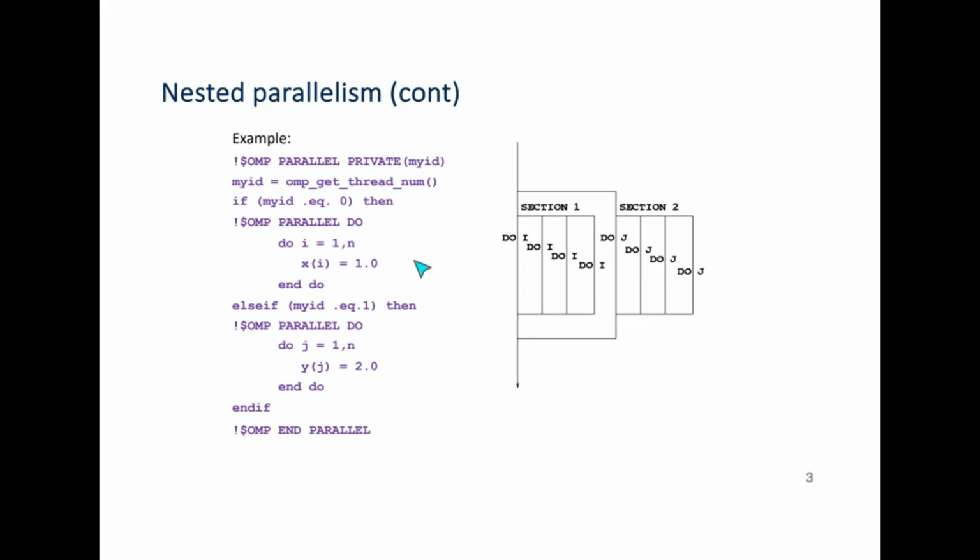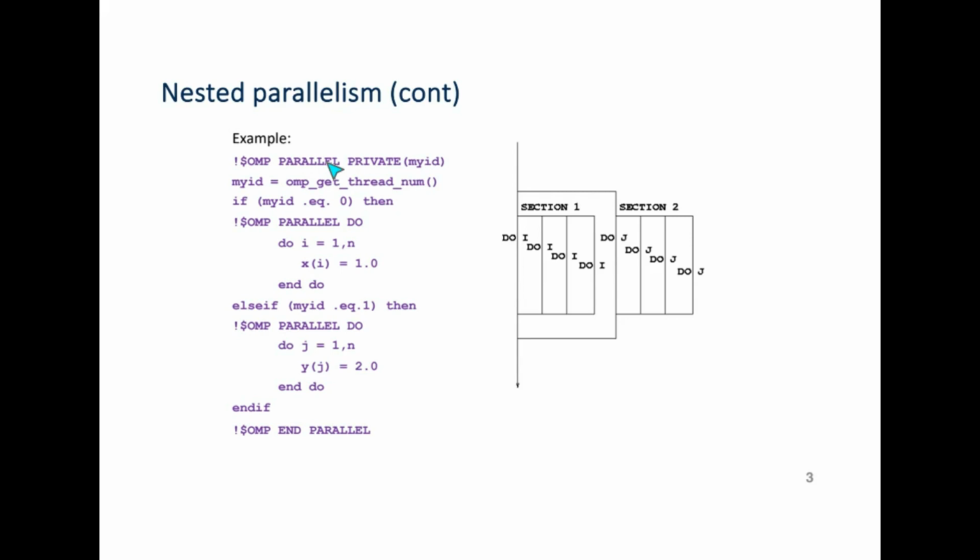Suppose we were running on a system with 8 cores, and so what we might like to do is to say, can we devote 4 threads to parallelize this loop, and the other 4 threads to execute this loop in parallel at the same time? So the answer is yes, by using nested parallelism.